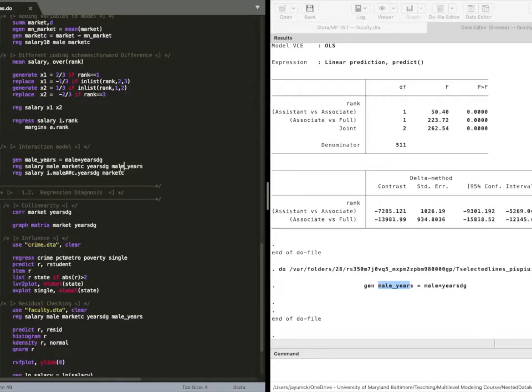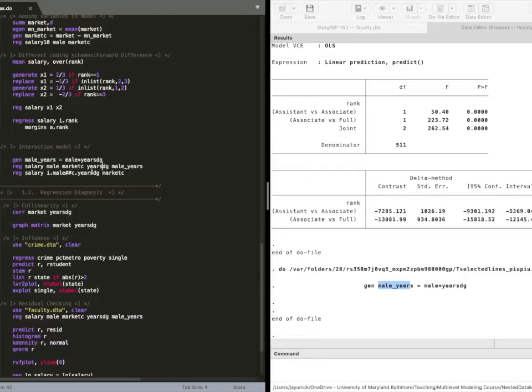So for females, this variable is 0, this variable is 0, and all you get are these two variables. So the intercept is going to be the average female salary at the average market condition right after she got her degree. Then if we add male to that, and we start at 0, right?